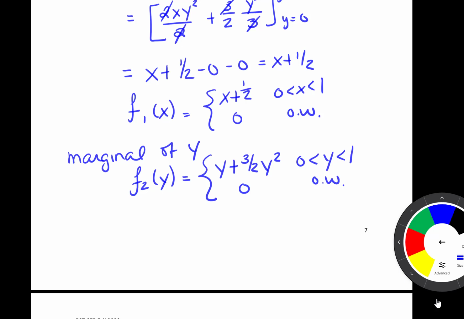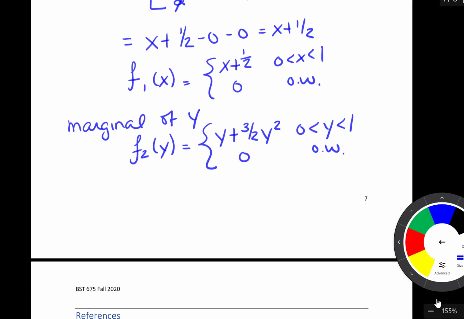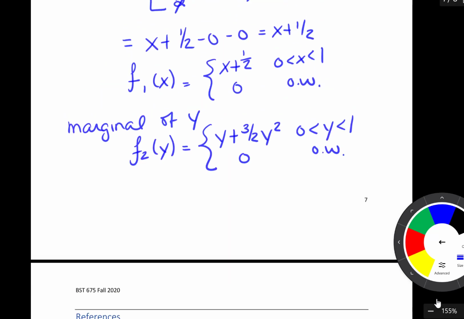And then we could always check to see whether or not these are valid. For example, for the marginal of y, we could integrate this function over the sample space of y, which is 0 to 1, and ensure that it does integrate to 1. If you do that, you will find that it does integrate to 1. And that's going to end this set of notes.